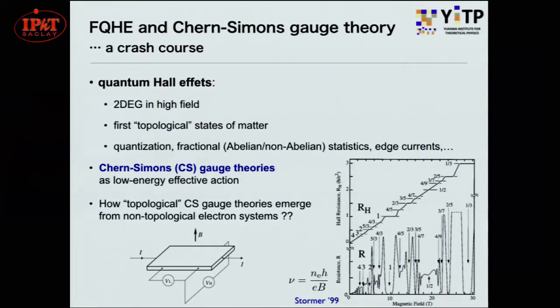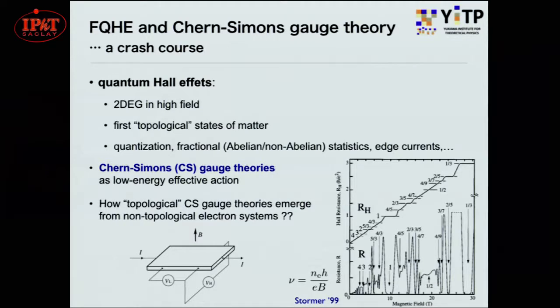You inject a current in this way and measure the Hall voltage, which is in a perpendicular direction to the direction of the current. This is how you define Hall resistivity. And if you plot the Hall resistivity, you can clearly see some plateaus happening at simple fractions of the filling fraction nu, which is defined here. So this is the quantum Hall effect.